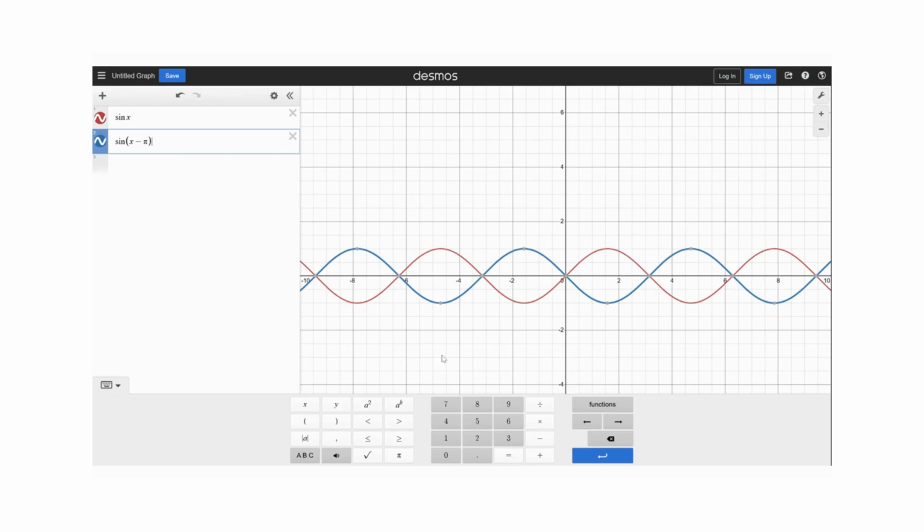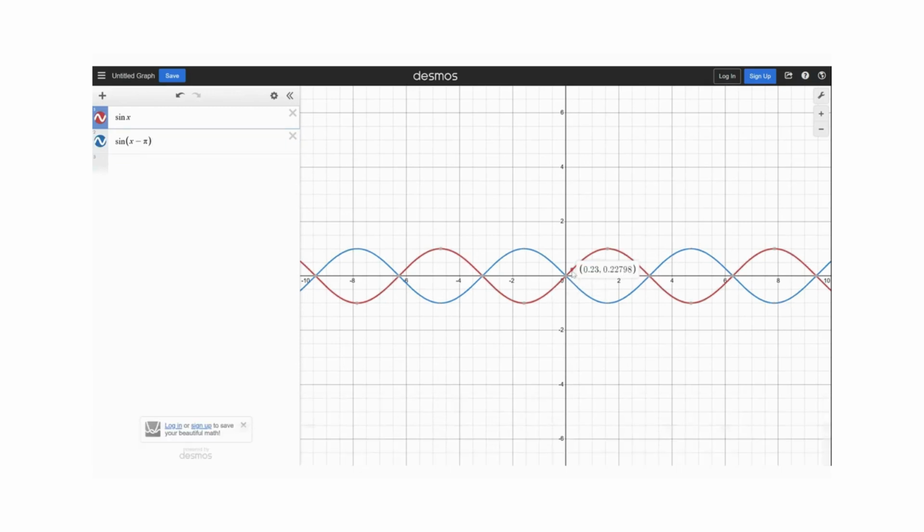In red was sine, and notice it's pretty much the same graph, but the one in blue was shifted over pi. That's why we got pi, 0 right here for the blue one.